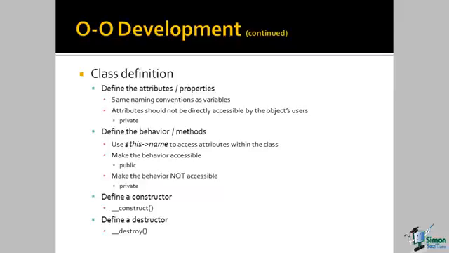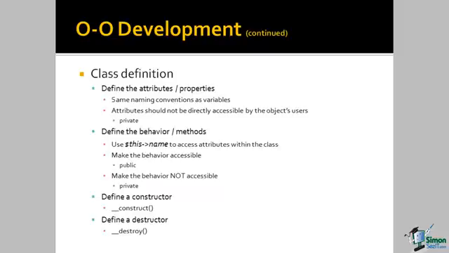And although not enforced by the syntax, a good design practice is to never allow direct access to any of the object's internal data. Therefore, all of the attributes or properties of a class should be marked as private, prohibiting direct access, which leads us then to defining behaviors.